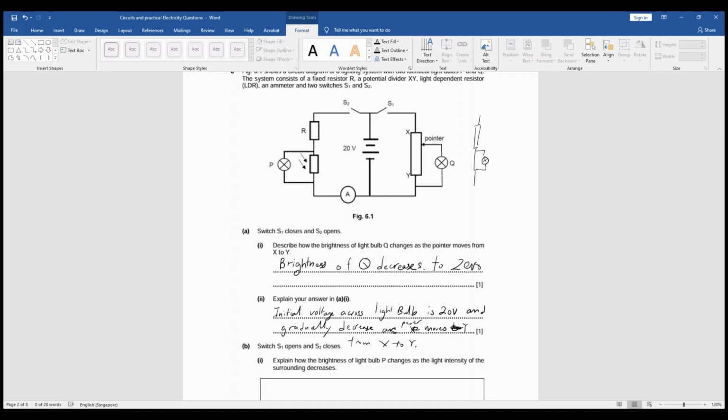Okay, the current will not flow through Q, but it will flow straight through this wire. So brightness will drop to zero. 20 volt and gradually decrease to zero as the pointer move from X to Y. Yeah. All right, let's continue.